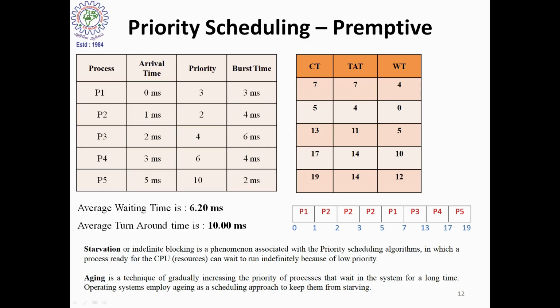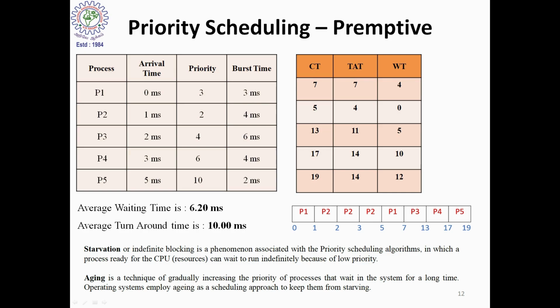Once all the processes have arrived into the ready queue, we can shift the algorithm to the non-preemptive case, that is, we just look at the priority and allocate, right? So P1's completion time is what? It is 7. We should not take it as 1, we should take it as 7. And P2's completion time is what? It is 5, right?